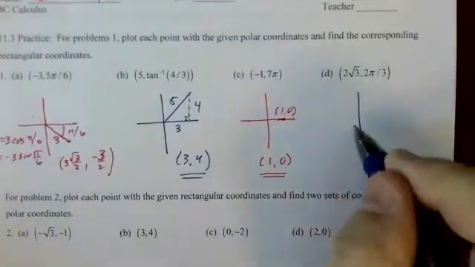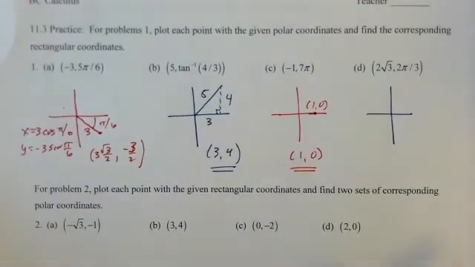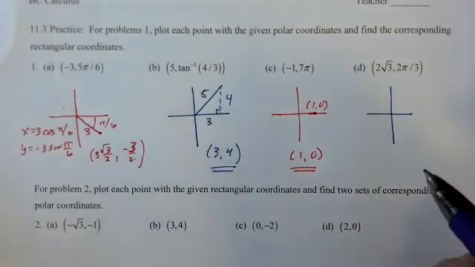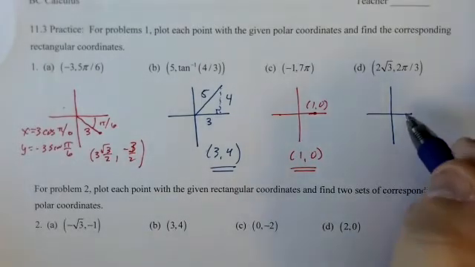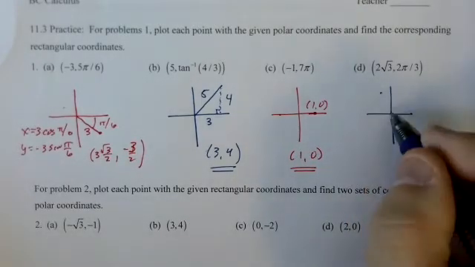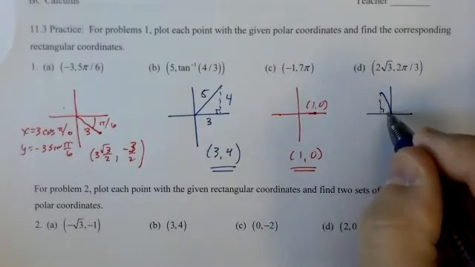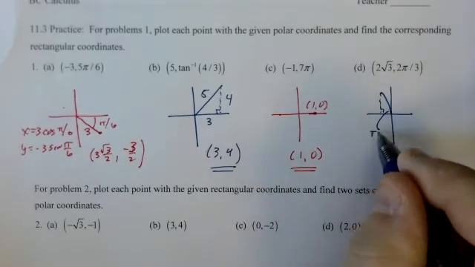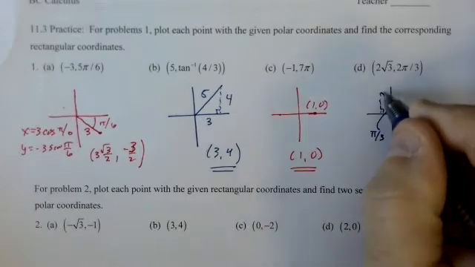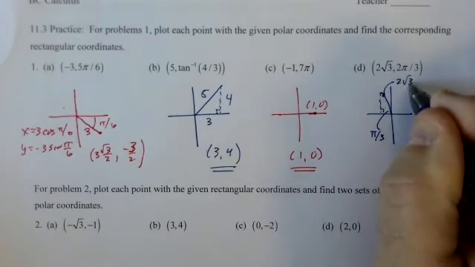And last but not least, root 3 at 2 pi over 3. So 2 pi over 3 is here. That makes this angle pi over 3. And this is 2 root 3.